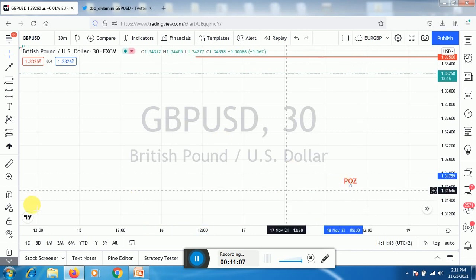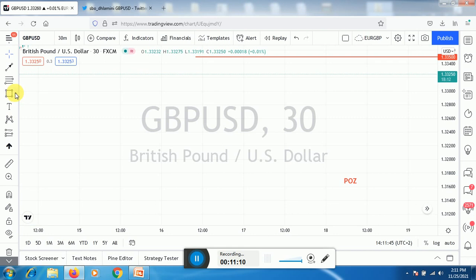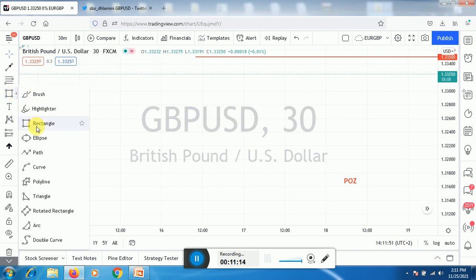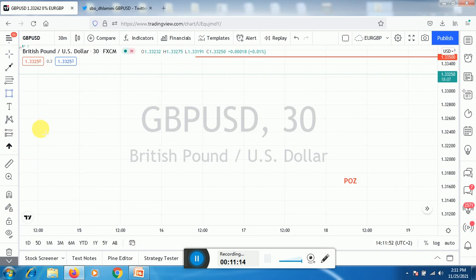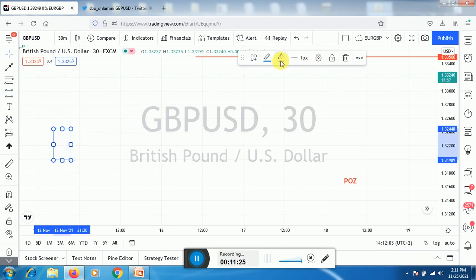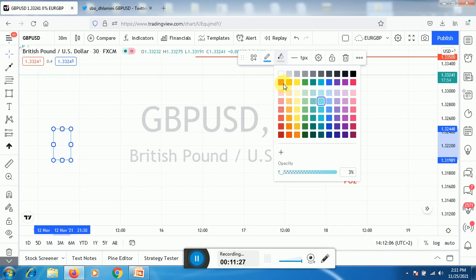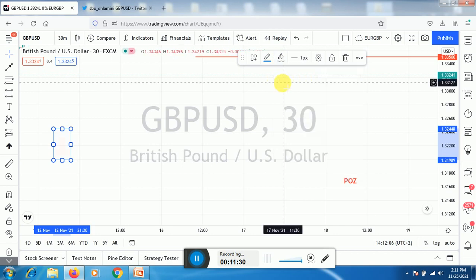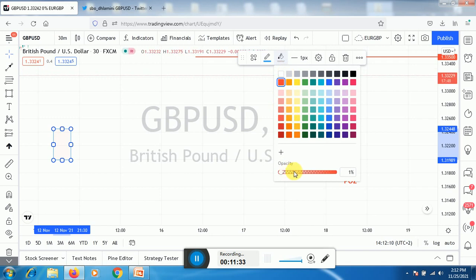Okay, so now let us try to create a bearish order block that will give us a bullish signal. Let us assume that the market is going down. When the market is going down, there should be bearish candlesticks, red candlesticks, which are bearish in nature.